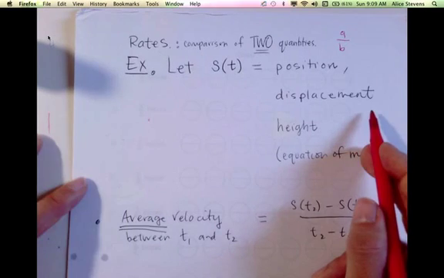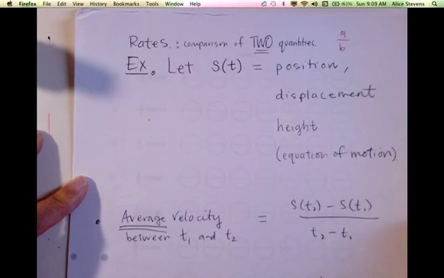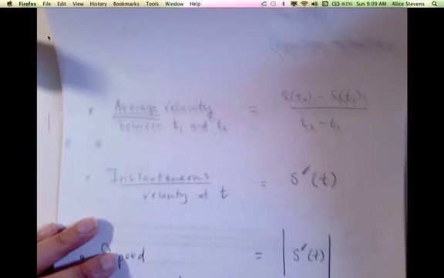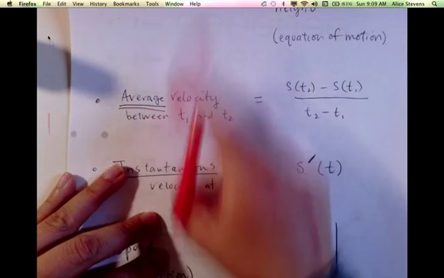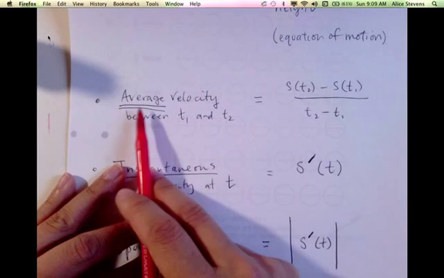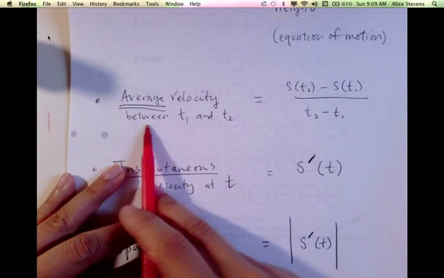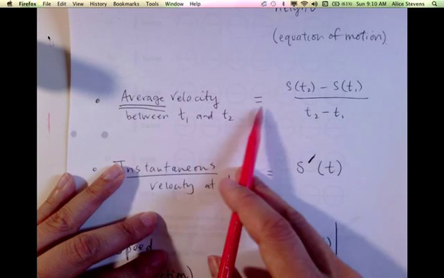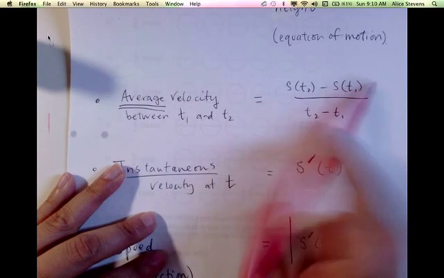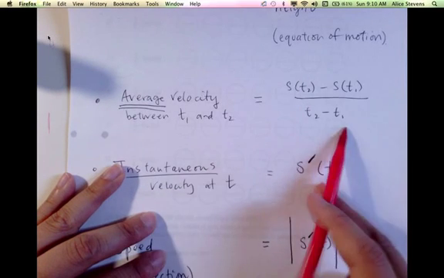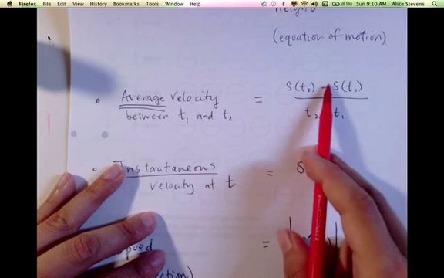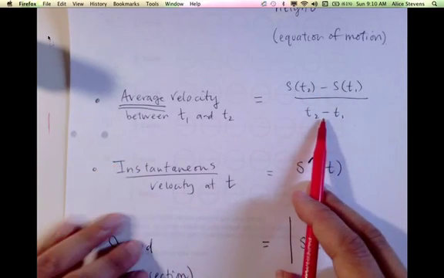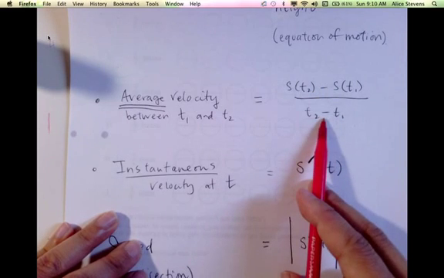Okay, one thing I just want to help you with on these homework problems: recall from section 2.1 that if s is a position function, then the average velocity between two different points in time is just given by this expression. This corresponded to the slope of a secant line. It's just the rise over the run, change in s over the change in t.